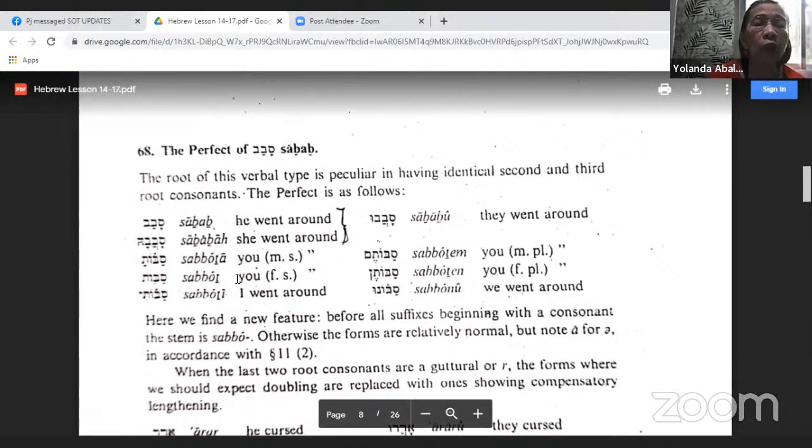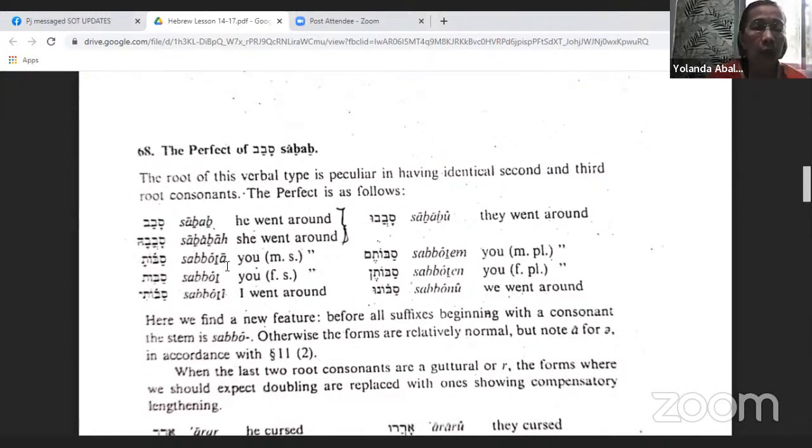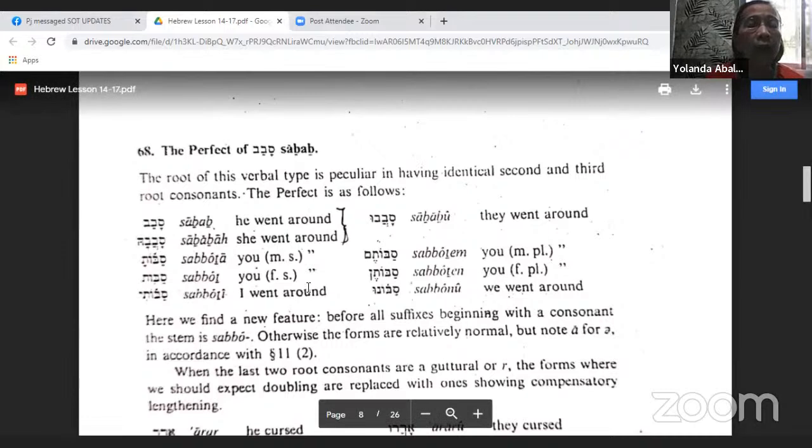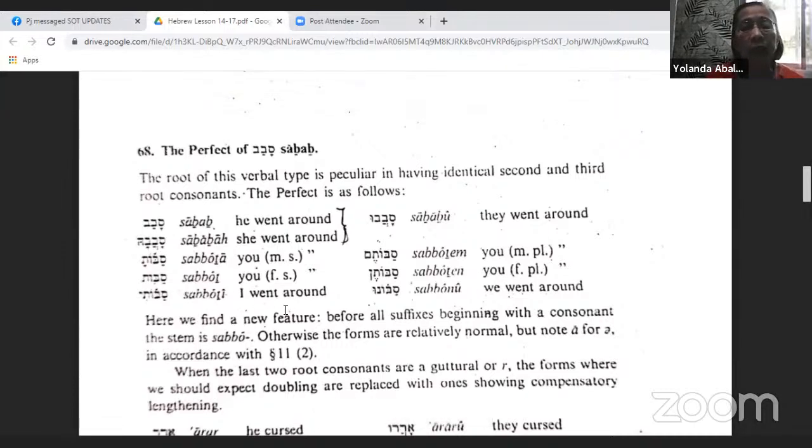And then you, man, went around. Sabota. You, woman, went around. Sabot. You, men, went around. Saboten. You, women, went around. Saboten. I went around Sabote. We went around Sabuno.